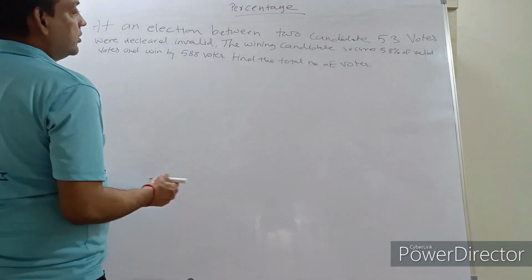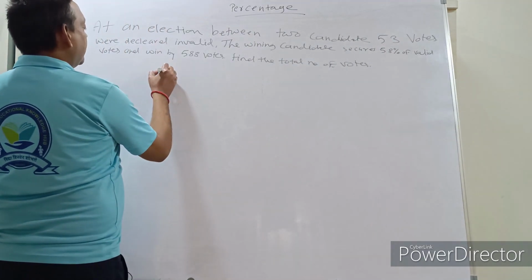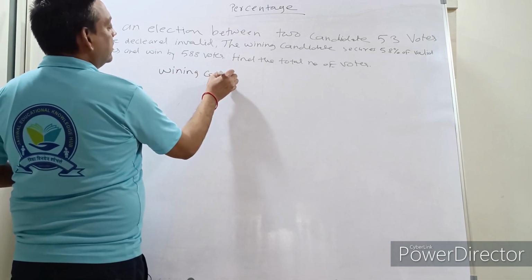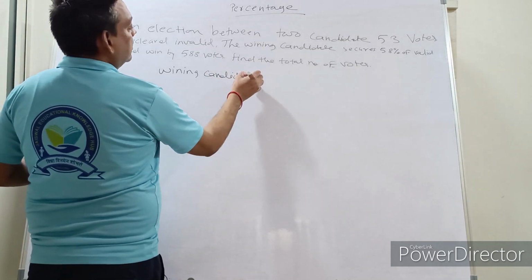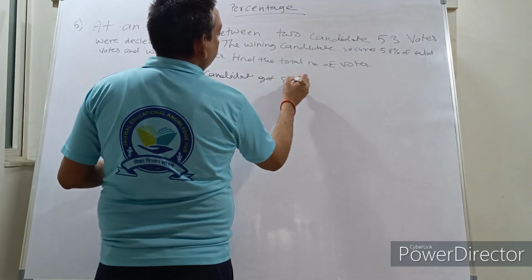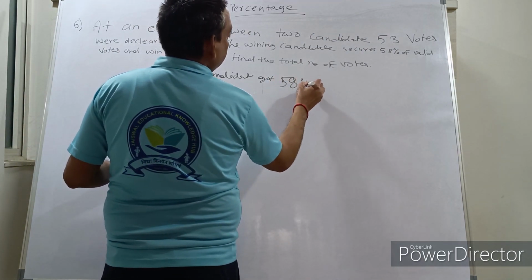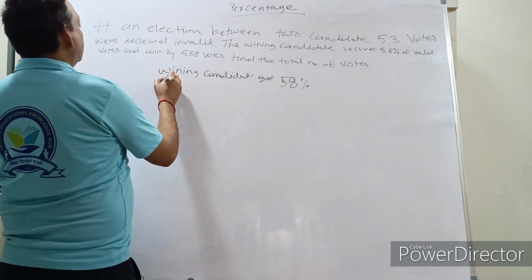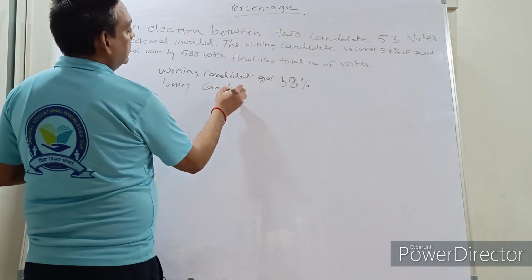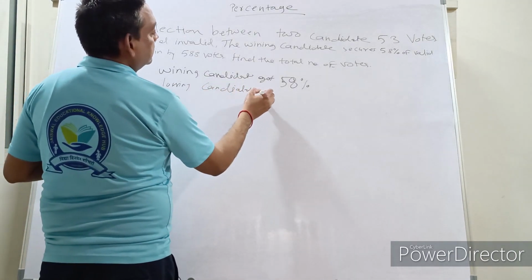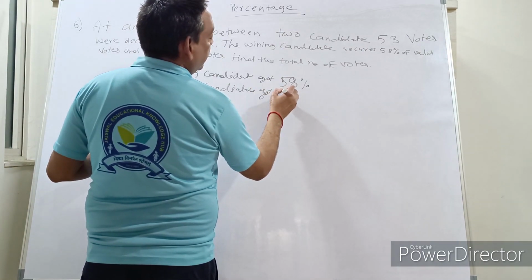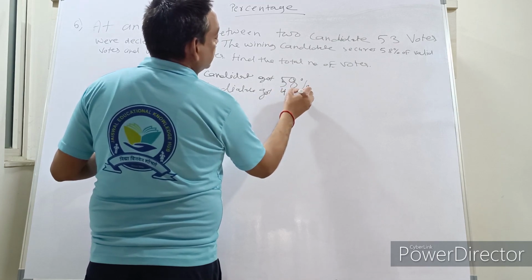So now the winning candidate got 58%. So how much did the losing candidate get? 100 minus 58, that will be 42%.